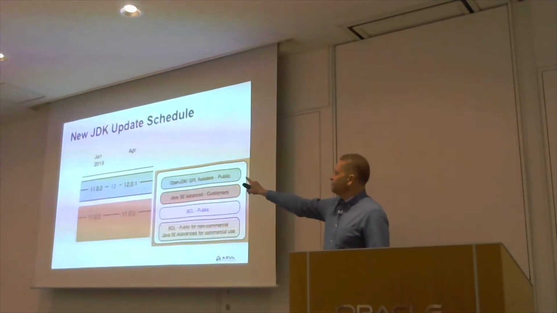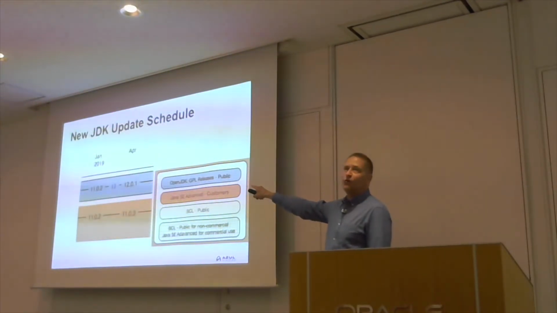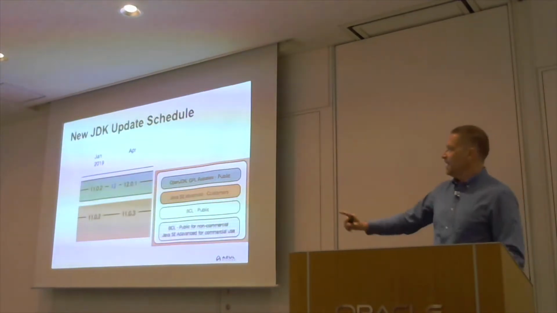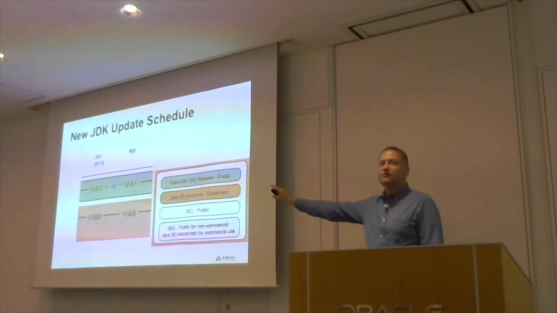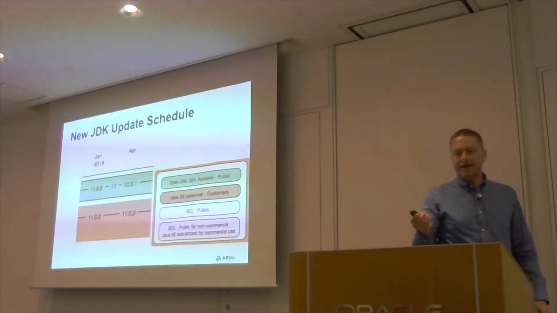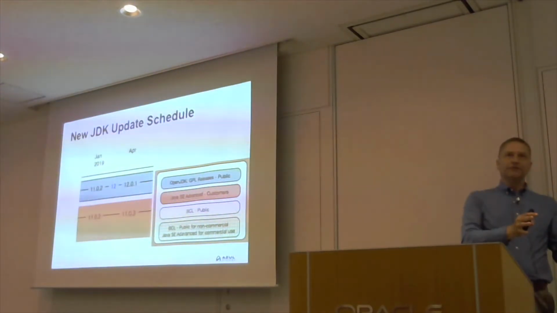So when we get to 11.0.2, the next one in terms of OpenJDK is JDK 12. So there's no long-term support for OpenJDK builds. If you want long-term support for JDK 11, it's going to be as a part of the Java SE Advanced package. So like I said, those are some of the significant changes that are happening in the way Java is delivered and updated.